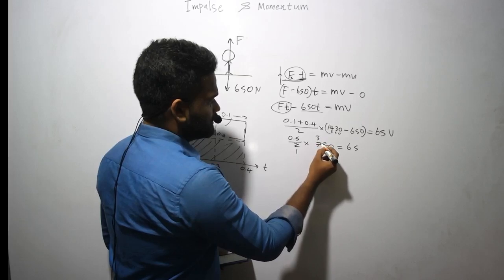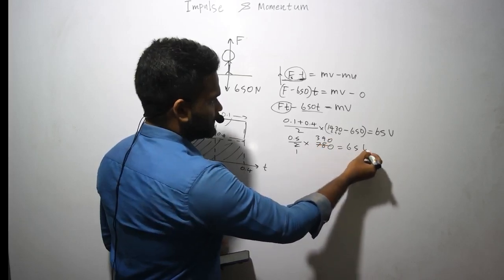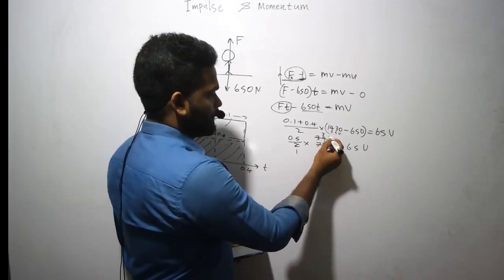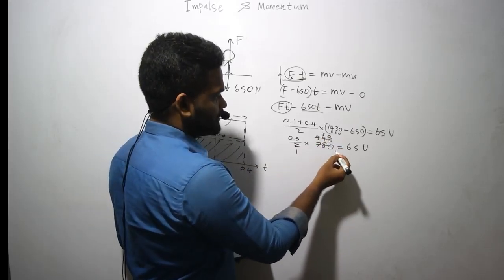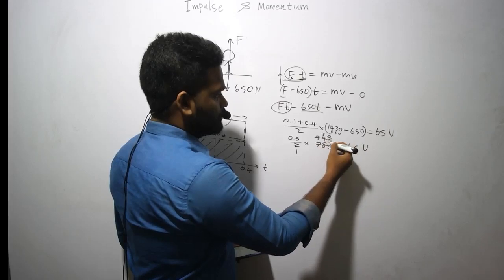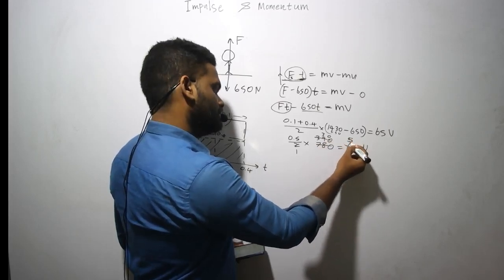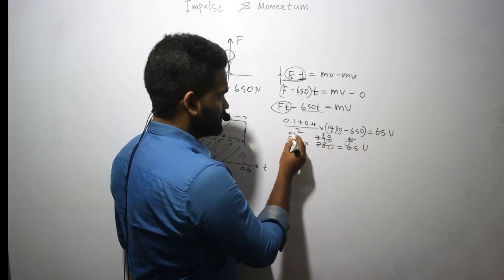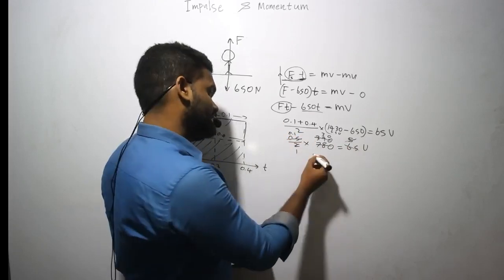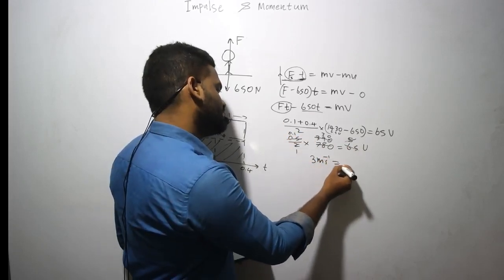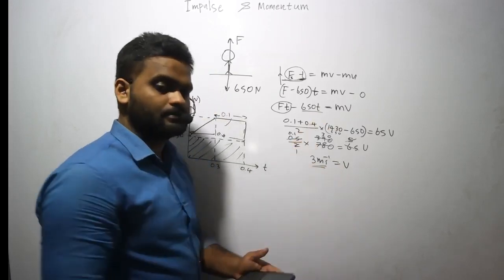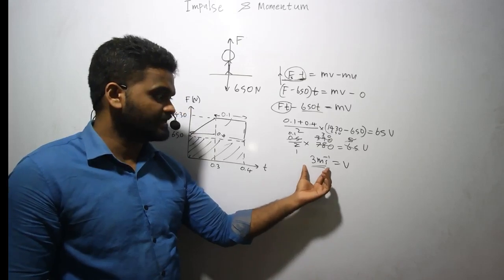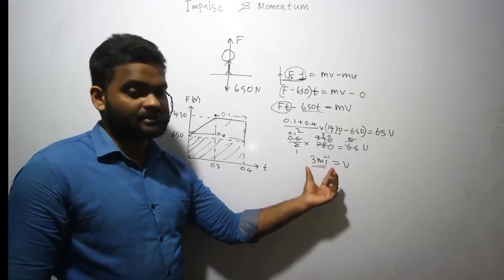You get 390. 390 means you have 3 13s, and you have 0 here. 30. Both sides divide by 13. So 5. Okay. Then this 5 and this cancel off. 0.1 times 30 is 3. So this is the velocity with which the person leaves the floor, right? So the initial velocity is 3 meters per second, right?